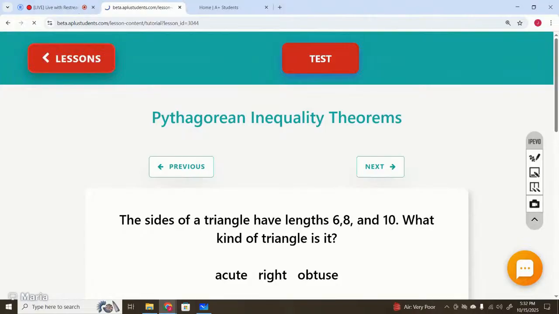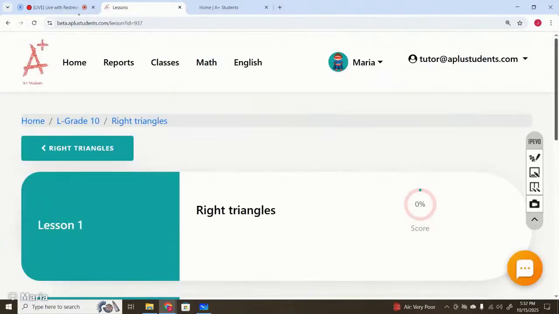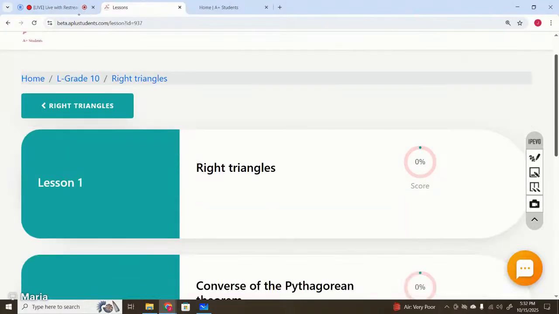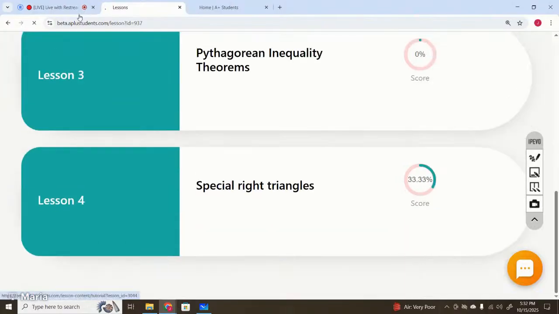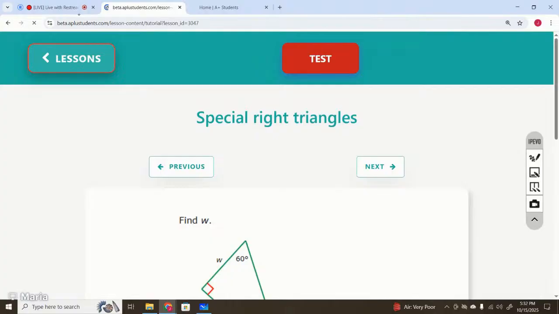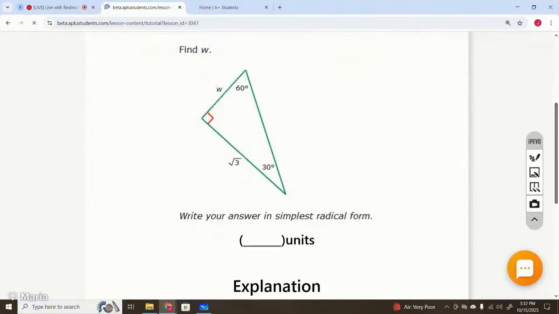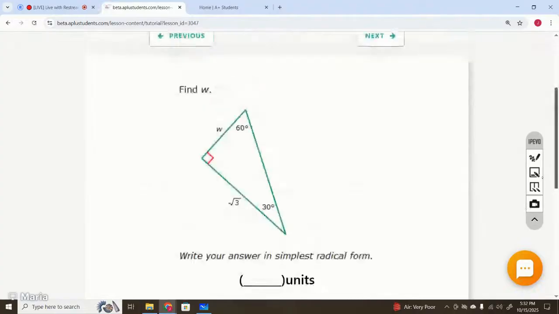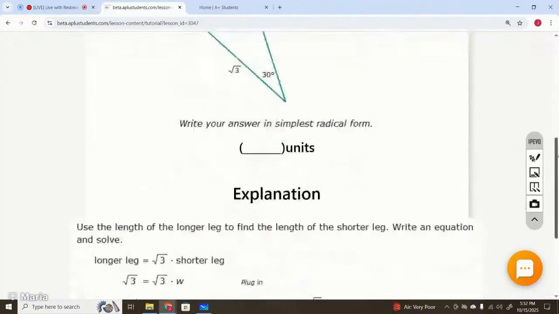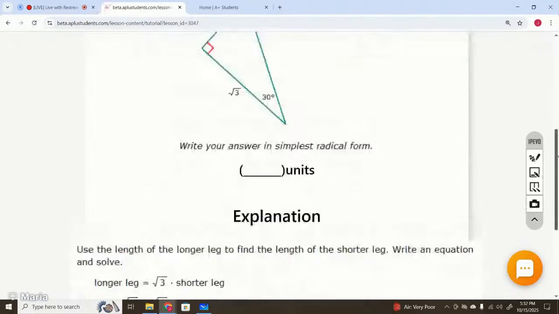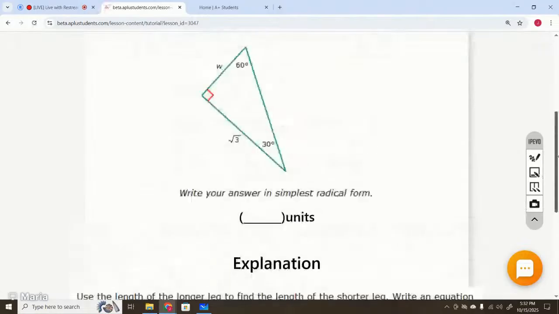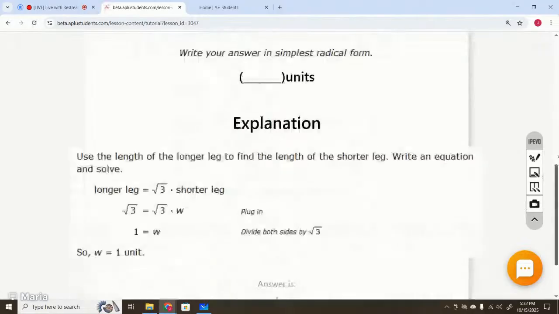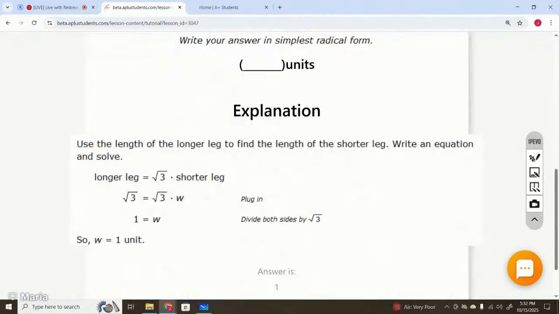The next lesson is special right triangles. Find W. Whenever we need to calculate the longer leg length, it equals square root 3 times the shorter leg length.